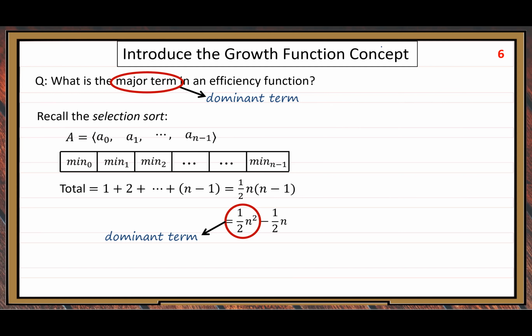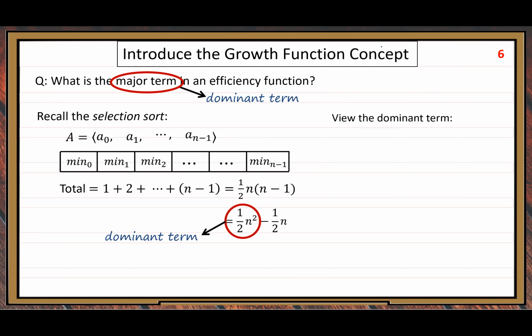When we look at the ratio, if we double the size, that constant is gone. So when we consider the growth function, we can simplify this dominant term another step. Ignore the constant 1/2 and only keep n squared, because that's the most important one. That's our growth function definition.